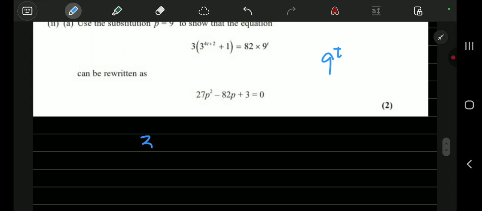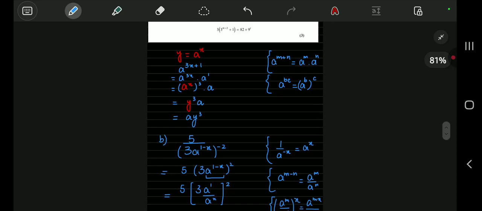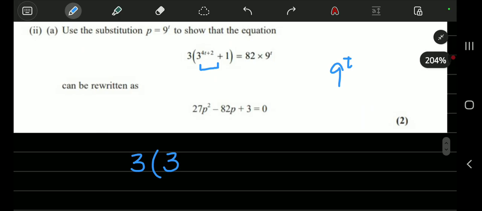So 3 times 3 to the power 4t plus 2. As we used here, m plus n gives you a to the power m times a to the power n, so we are just splitting it up.